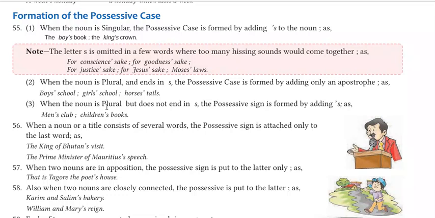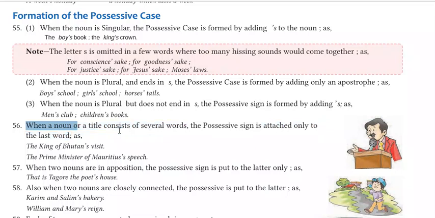When the noun is plural but does not end in s, the possessive sign is formed by adding an apostrophe and s. For example, men's club, children's book, right? Whenever a plural does not end in s, we put an apostrophe and an s with it.